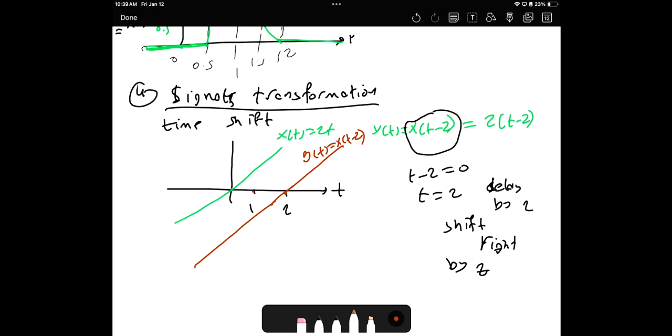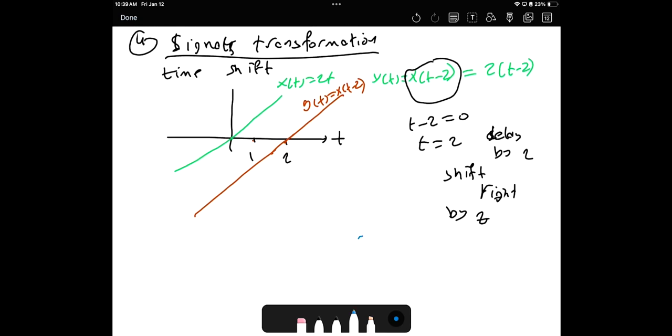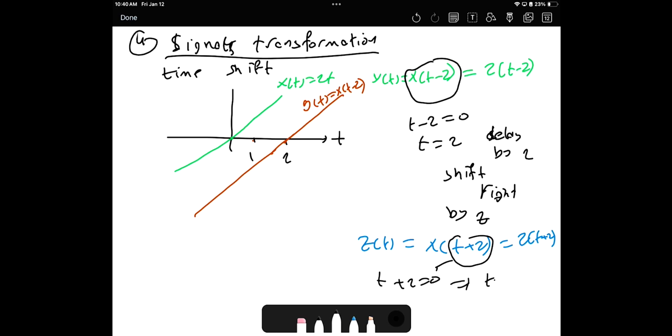How about if I assume z of t equal x of t plus 2? So what will happen? Basically, look at what's inside the brackets. You will say t plus 2 equals 0. Therefore, t equals minus 2. This means you will shift left, since it's negative, shift left.